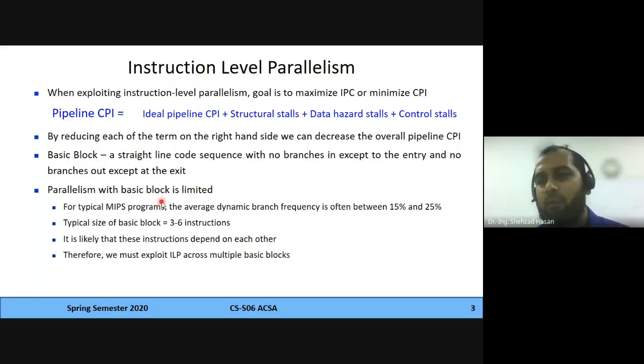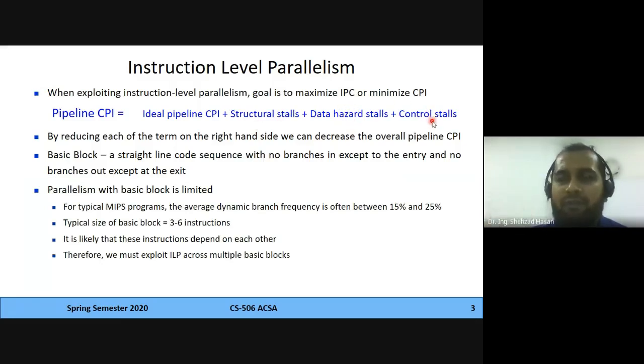These dependencies are important, because if you want to increase the instruction-level parallelism in your code, you need to find instructions that can fill in these stalls, because these stalls are just empty cycles going wasted, right? So you need to reduce these stalls. There would be some empty cycles because of structural or hardware issues, because of data issues, and because of branches.